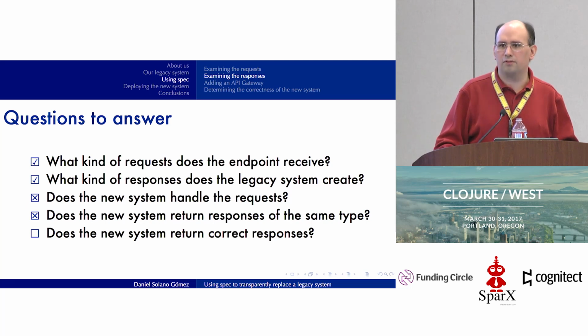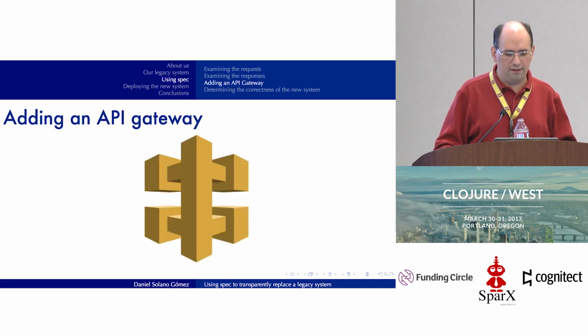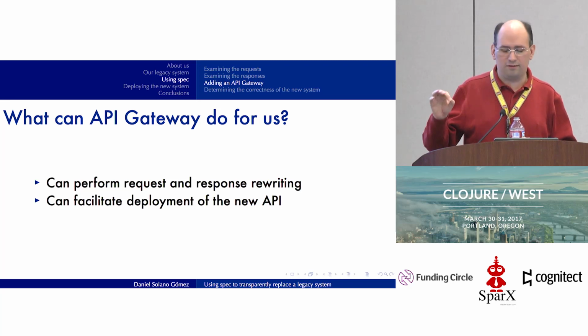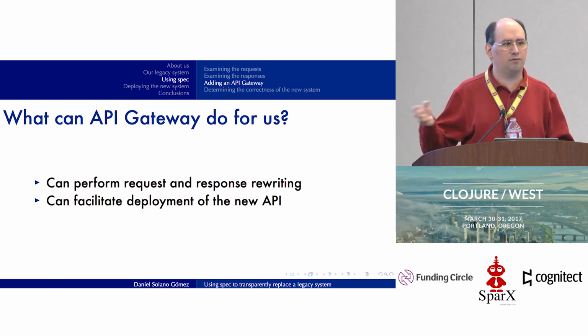One of the tools that we decided to use is Amazon's API Gateway. The API Gateway can do a lot of different things, but we're interested in it primarily for two purposes. It serves as a proxy that can do transformations of requests and responses.